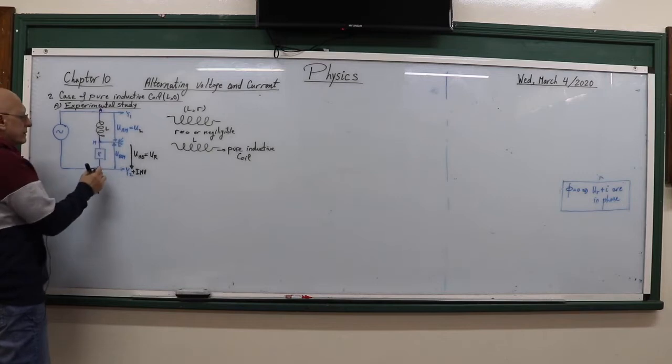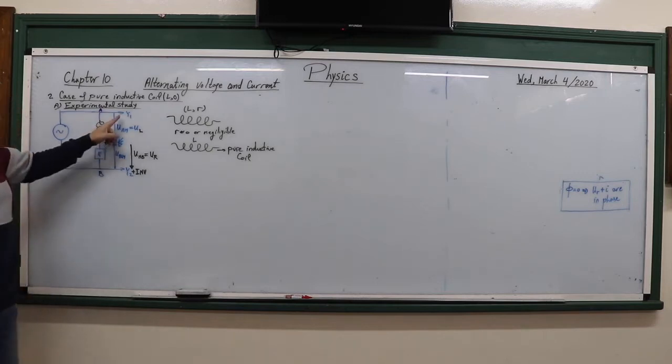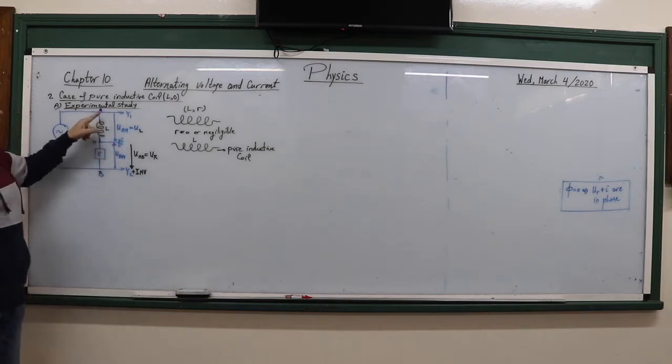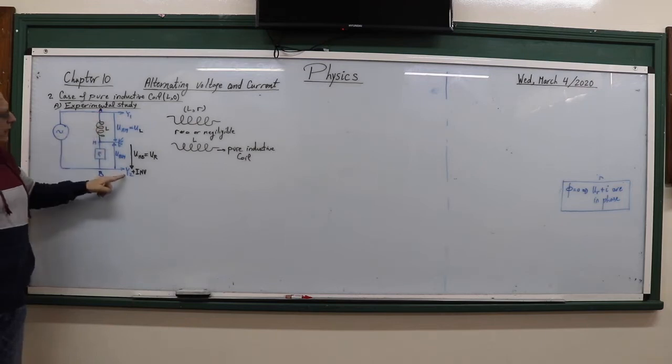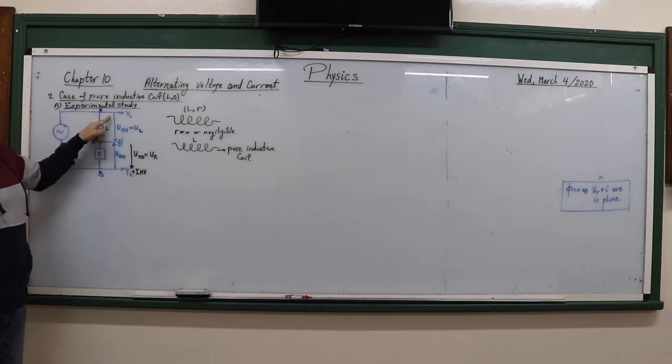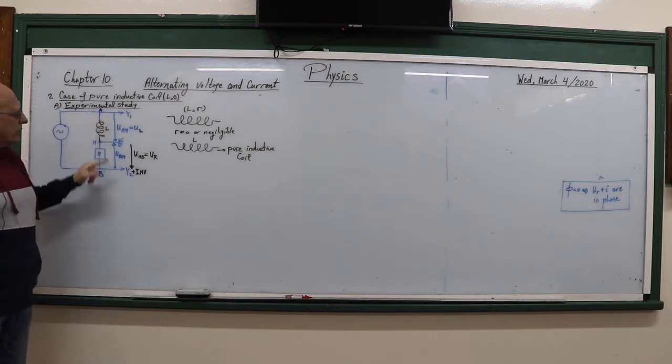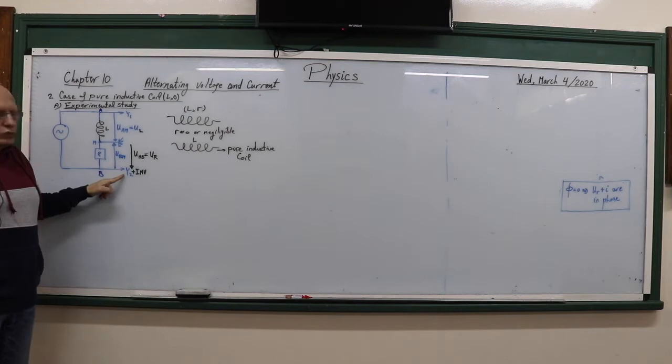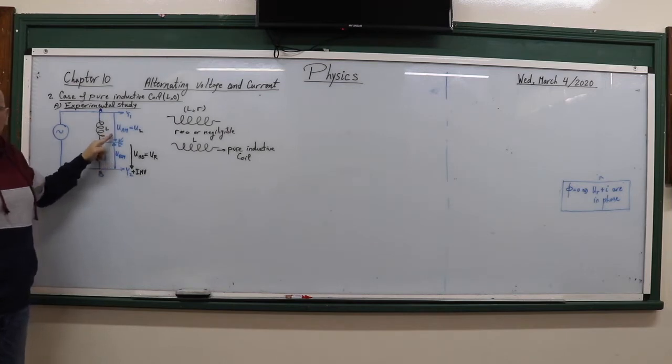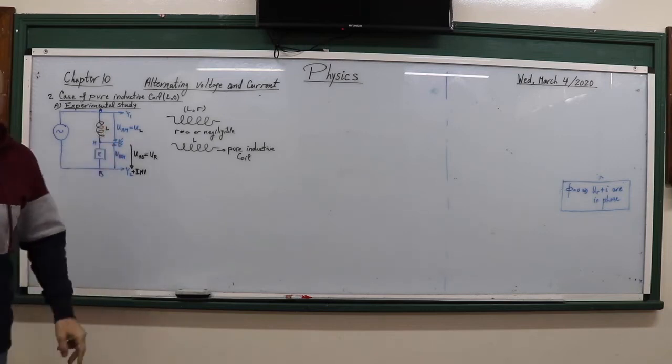And channel 1, the phase of channel 1 is placed at A, and the phase of channel 2 is placed at B, so that channel 1 reads voltage UAM and channel 2 reads voltage UBM. And as you see, these voltages have opposite direction.